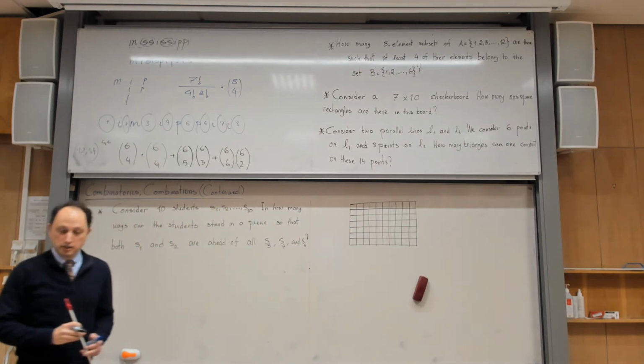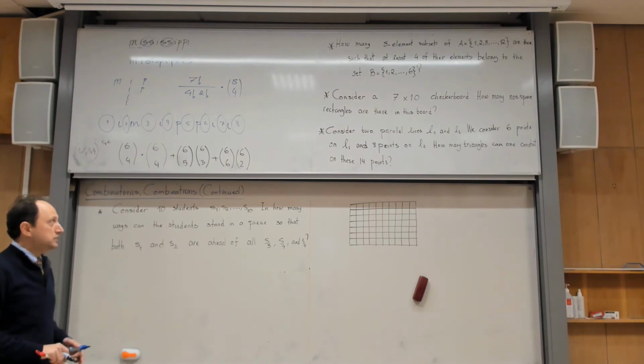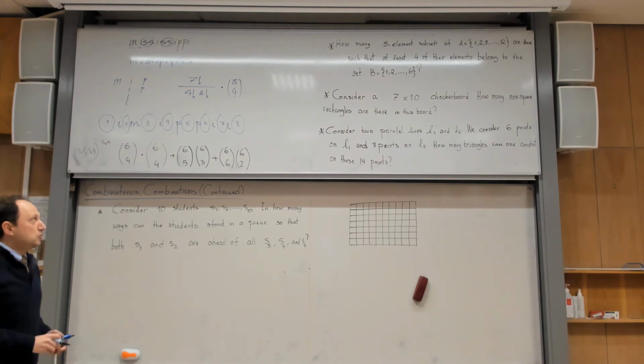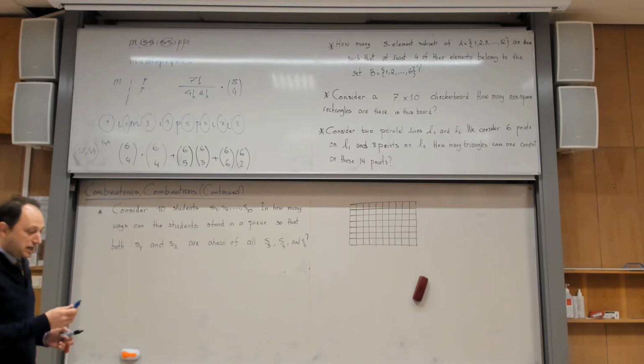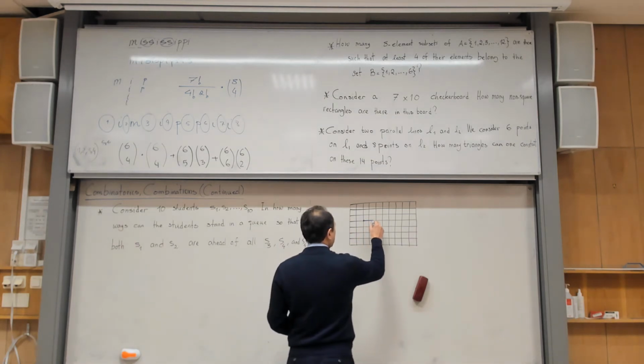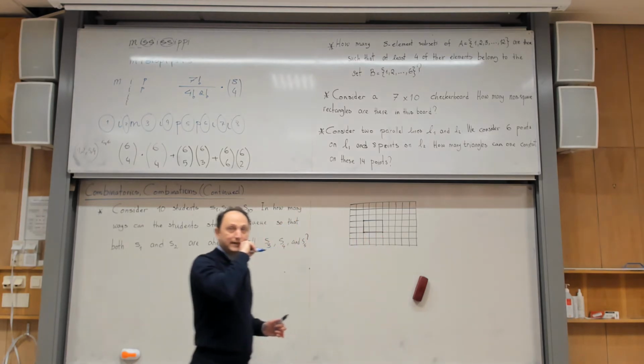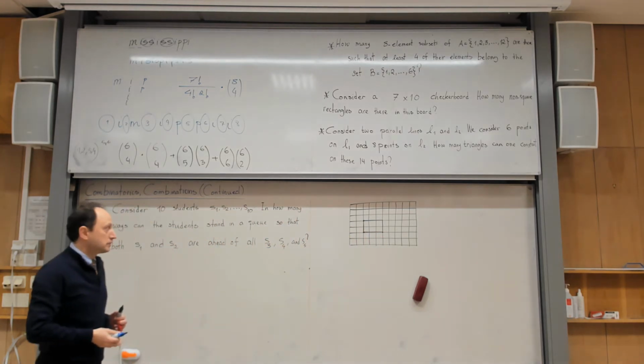So this is our checkerboard. 7 rows, 10 columns. And then we want to see how many non-square rectangles I can make out here. For example, one of those is this one. This is one of the possible rectangles.